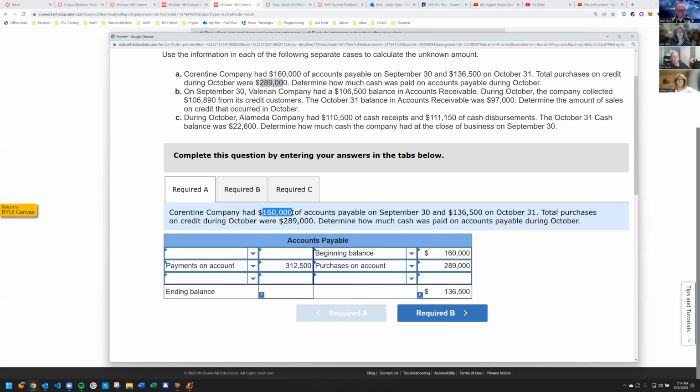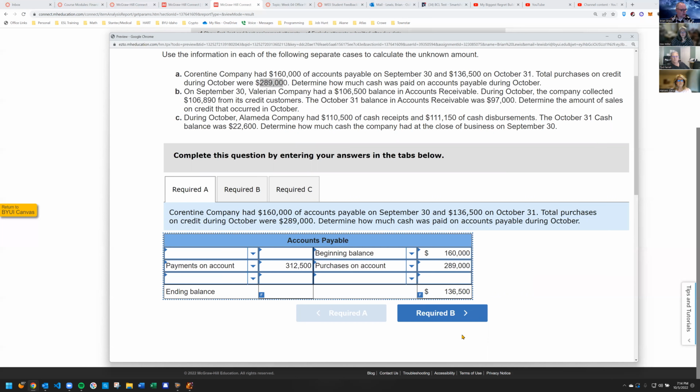So you're going to end up starting out with the beginning balance on the credit side, right? So that's the known number. The ending number is 135. So this is set up in a T account status. So the ending number is going to be a credit as well. So you're going to have the 135 here.